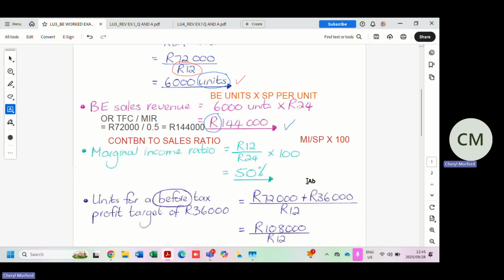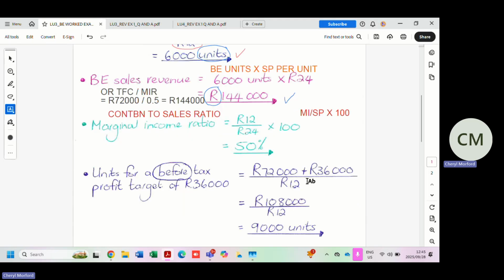Right, so the next thing is we don't always just only want to break even. Businesses are in business to make profit. So what about if we're going to be given a profit target, and let's say it's given before tax? So not only now do we need the contribution on a unit to cover the fixed cost, but we also need to be able to make and sell sufficient units to generate that profit of the 36,000.